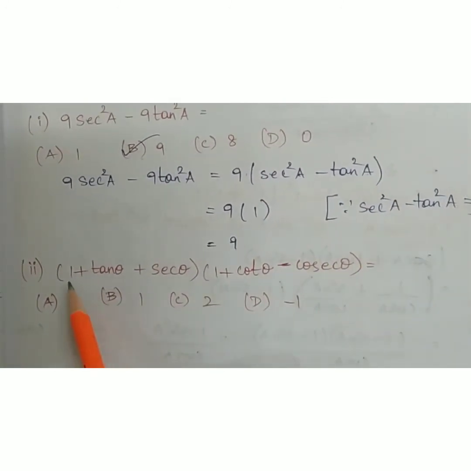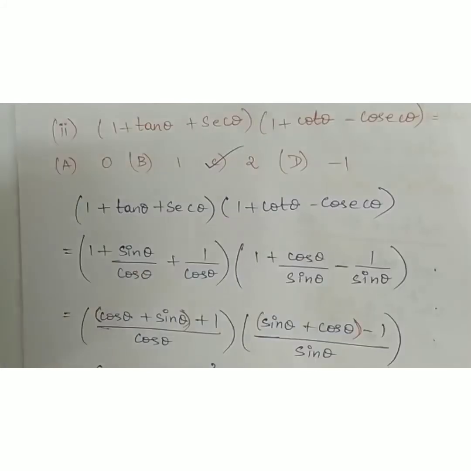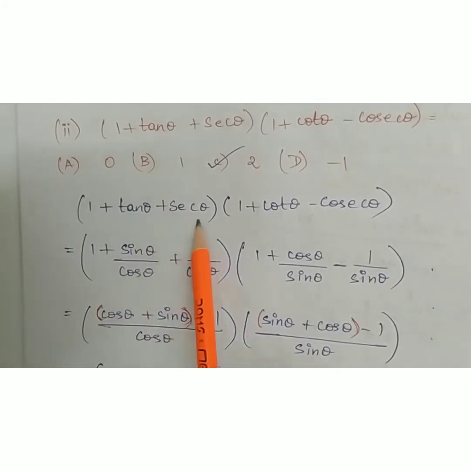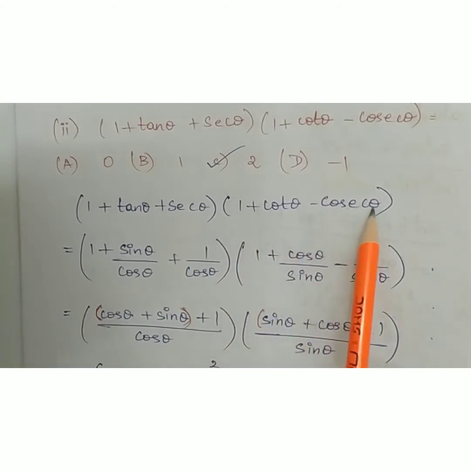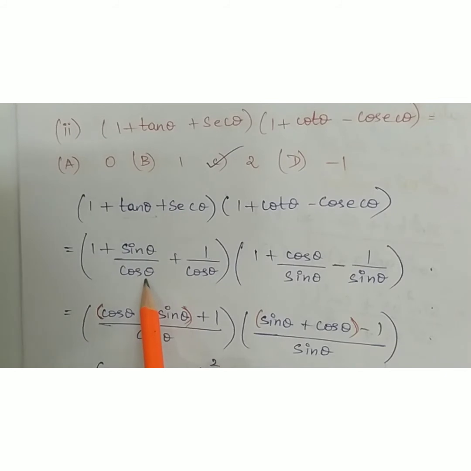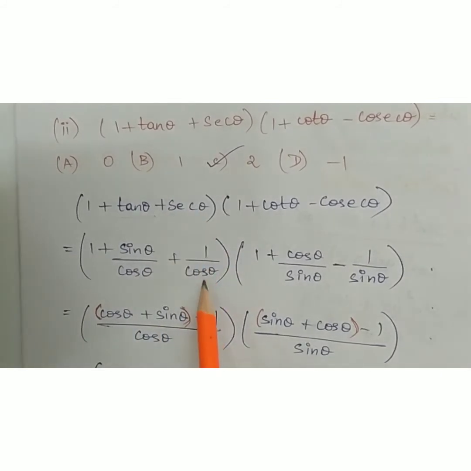Then second one. 1 plus tan theta plus secant theta into 1 plus cot theta minus cosecant theta. Here you are writing tan as sin by cos. Secant, reciprocal is 1 by cos.